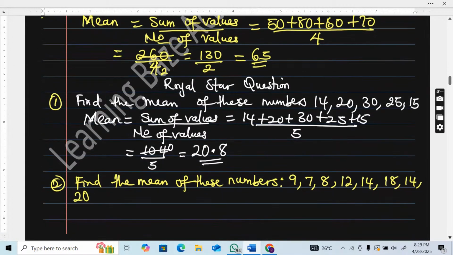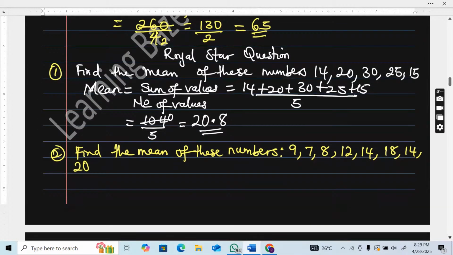Let's see those whose answers are correct. So to find the mean, it is sum of values over number of values. You can see that I am always writing the formula, so you have to always do that.